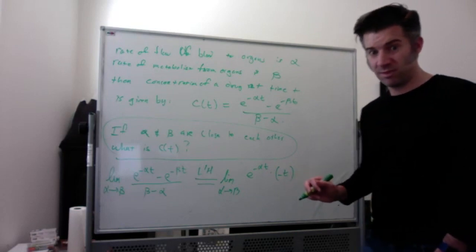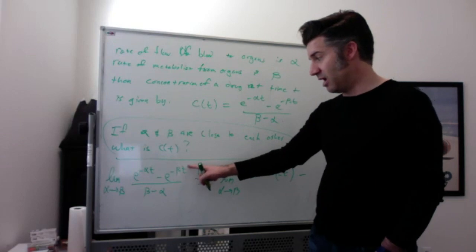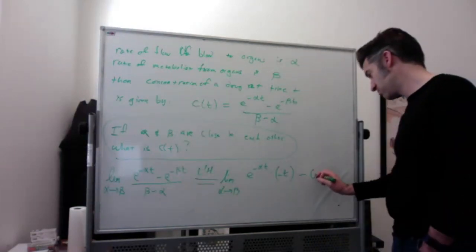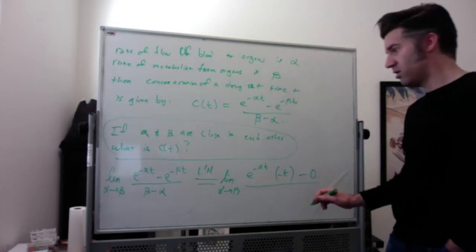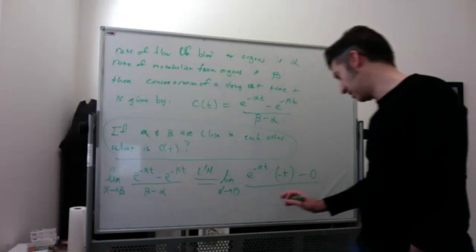Weird. Minus the derivative of e to the negative beta t. There's no alphas in there, so its derivative is 0. Over the derivative of beta minus alpha: the derivative of beta is 0, and the derivative of negative alpha is negative 1.